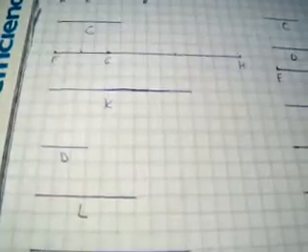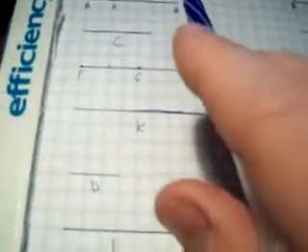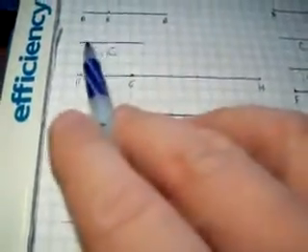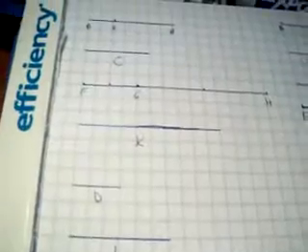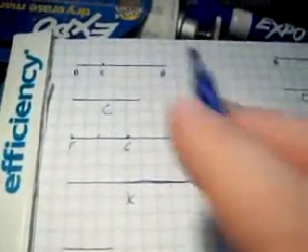It says let A, B, and C be unequal magnitudes. Well, we've talked about magnitudes many hundreds of times. Here's AB right here, and we have C down here, and as you can see, AB is not the same length as C. C is actually smaller. We're going to let AB be the greater.